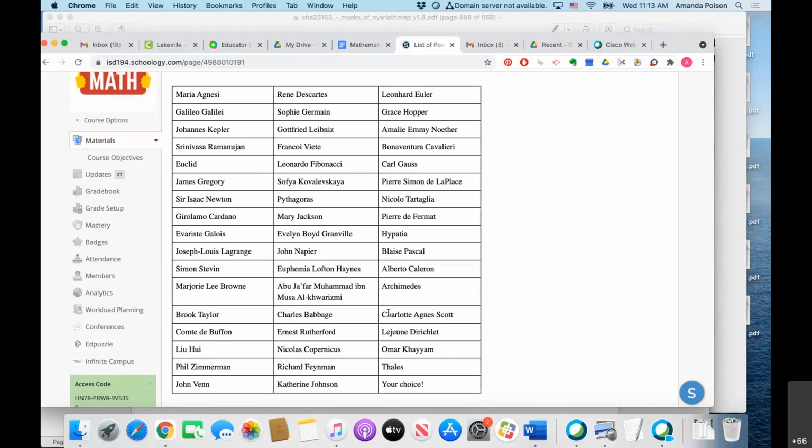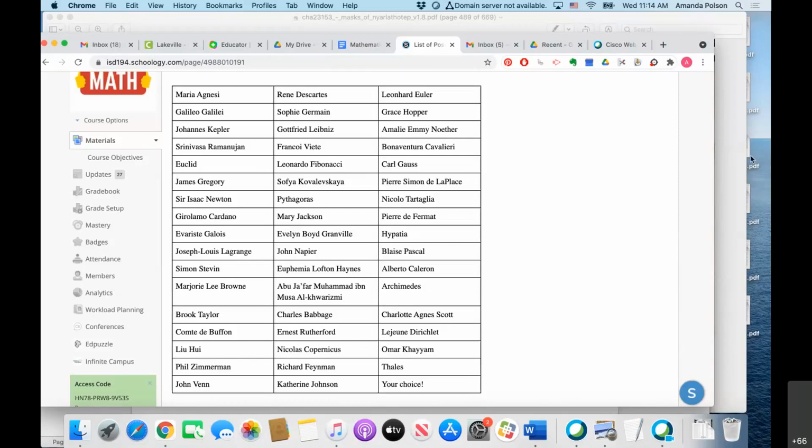These are people who are all really, really important. Some of them are still alive, some of them were alive 1,000 years ago, somewhere in between. They're from all over the world. They have all different backgrounds and cultures. So this is a really, really good list to look at.